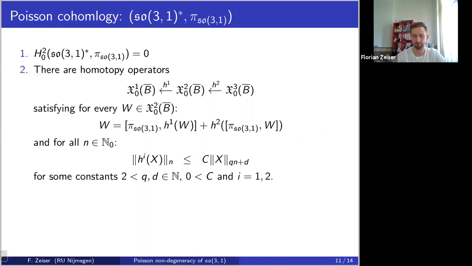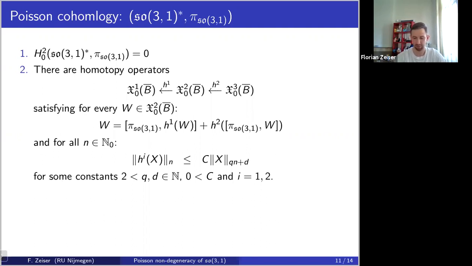That creates problems when one wants to apply Nash-Moser techniques, since there are papers which show that Nash-Moser only works for Q strictly smaller than 2. So that's why we can't apply the standard Nash-Moser technique directly.